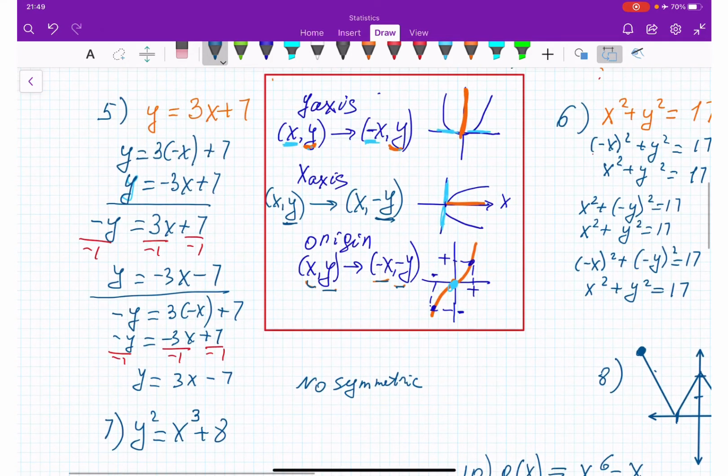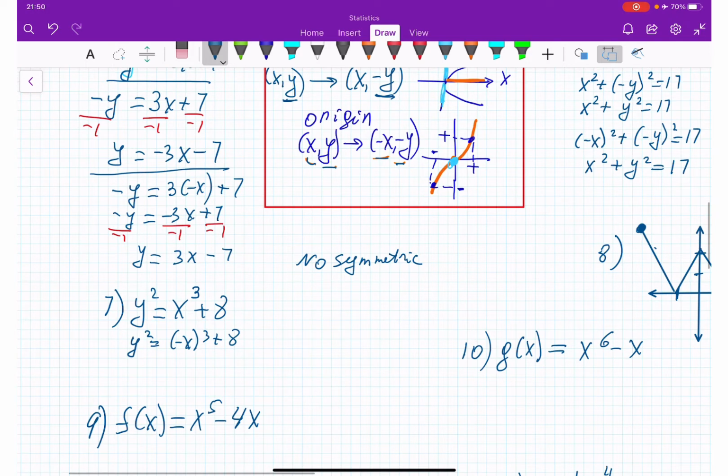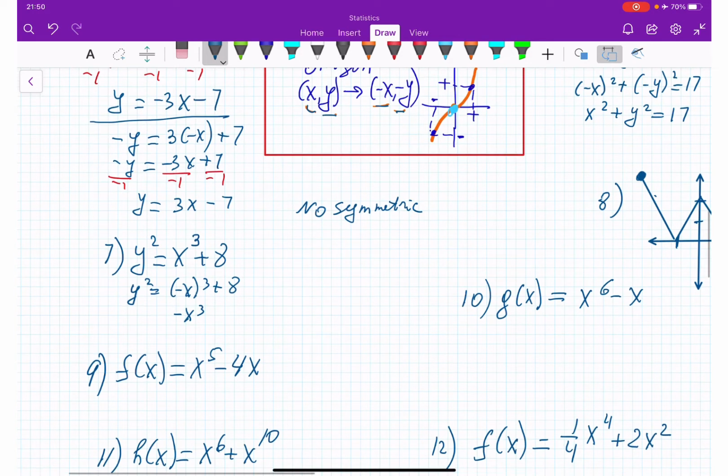So to check for y-axis, I'm taking negative x, right? Because x is changing for y-axis. Negative x. So y squared is equal to negative x cubed plus 8. Now, what is interesting, negative x to power 3 is negative x cubed, because we have odd degree.